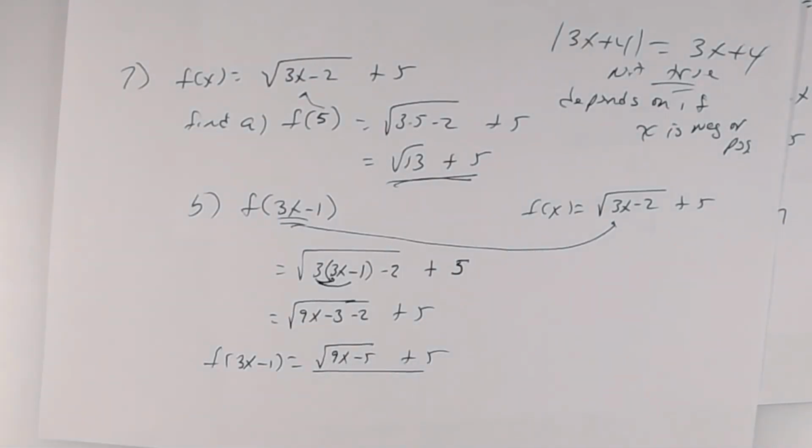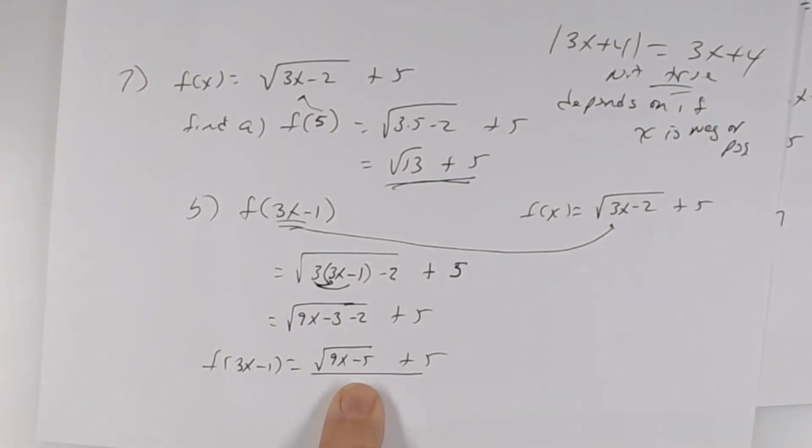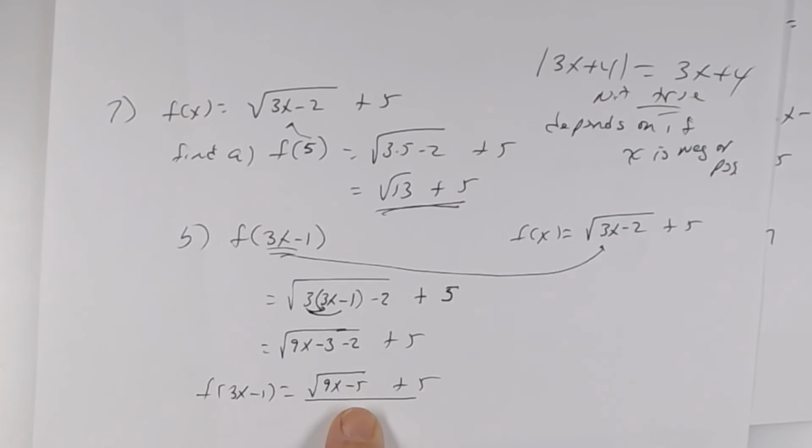That's all you can do. Don't say negative 5 plus 5 is 0 and say the answer is the square root of 9x. That's not true, because negative 5 is down on the radical. Where's negative 5 located? On the radical. So that's all you can do.